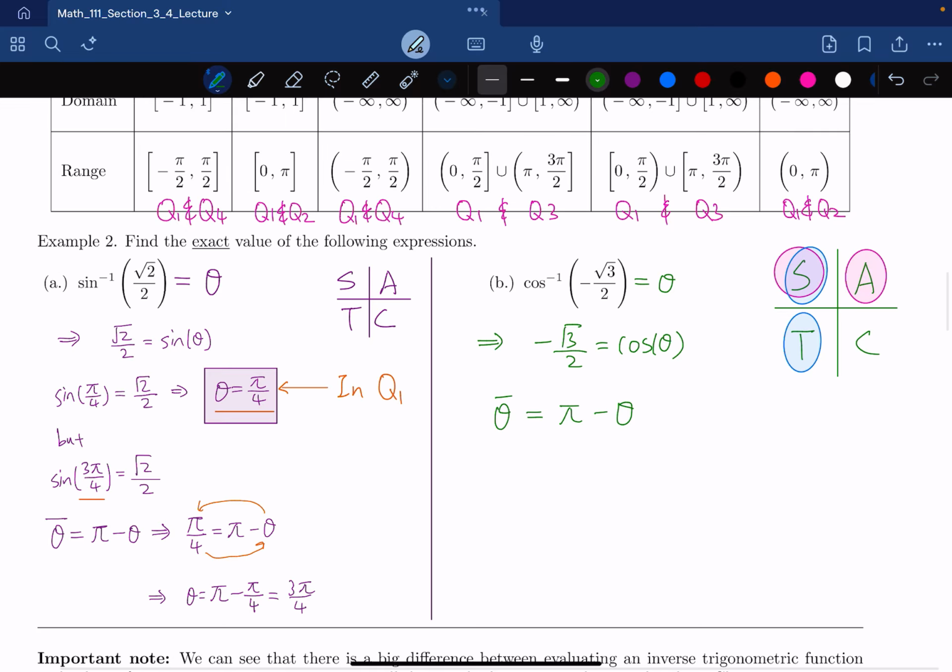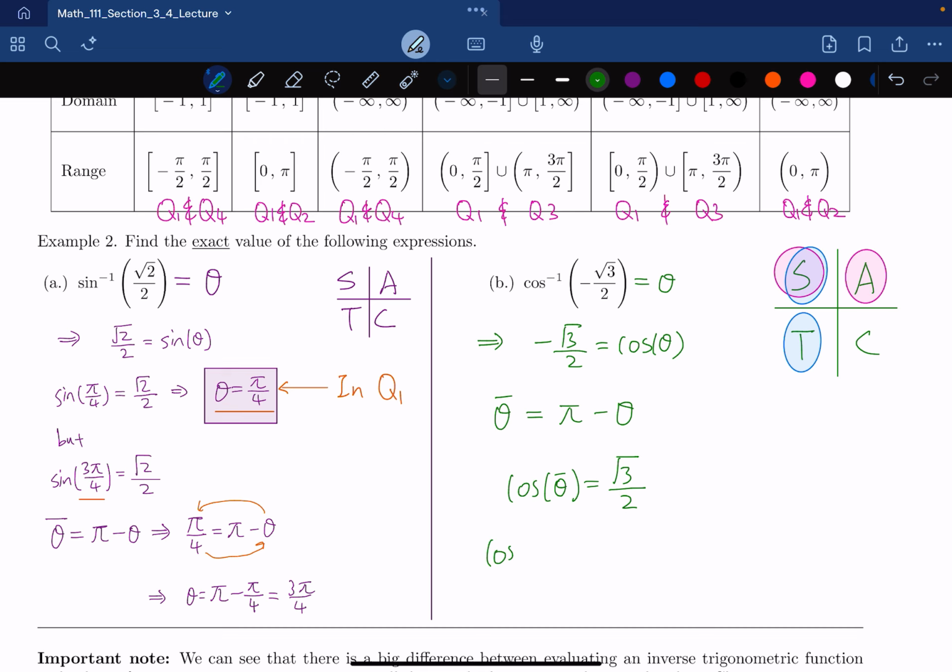Now we want to know what reference angle we're actually working with. And we know that reference angles of the trig functions are always going to be positive. So we know that cosine of theta bar is equal to positive radical 3 over 2. And from here, cosine of what equals radical 3 over 2?